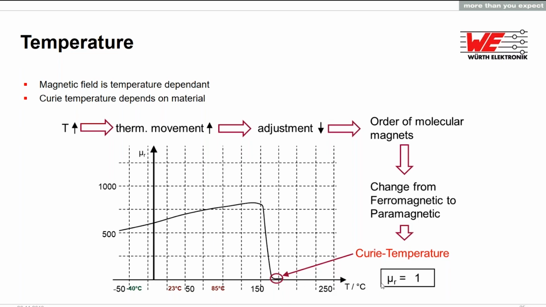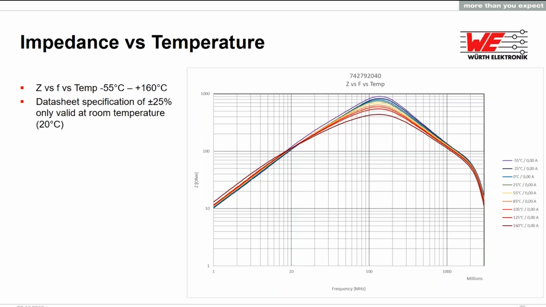This is where the permeability of the ferrite is close to 1, which is close to air. That means the ferrite will no longer work as a ferrite. For the temperature, we do measurements from minus 55 degrees to 160 degrees. In our datasheet, we specify it at room temperature.